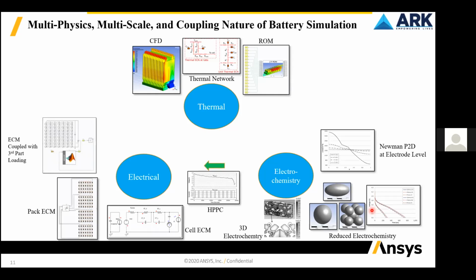While simulating battery single physics is already challenging, we have to consider a coupling of different physics. Electrochemistry is the fundamental physics behind the batteries, but if electrochemistry works as we desire, then there is no need to couple different physics, since electrochemistry itself includes all the physics.